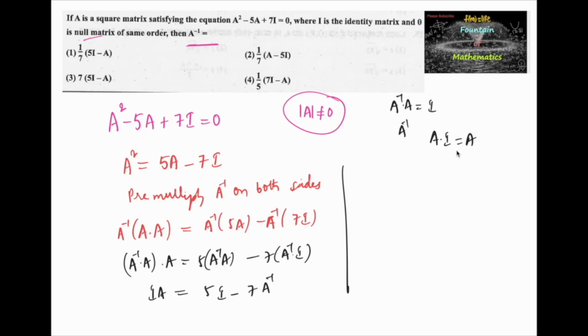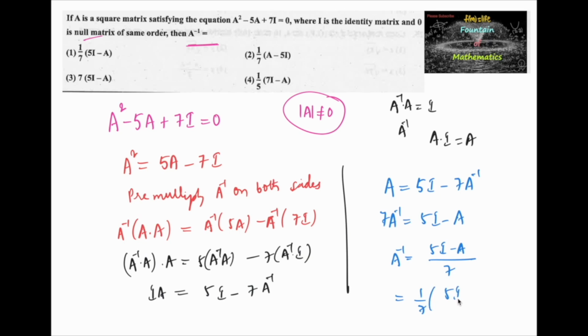So I into A is again A. So we can write A is equal to 5 times A minus 7 times A inverse, or 7 times A inverse is equal to 5I minus A. So A inverse is equal to 5 times I minus A divided by 7. So that is 1 by 7 times 5 times I minus A, which is our option 1.